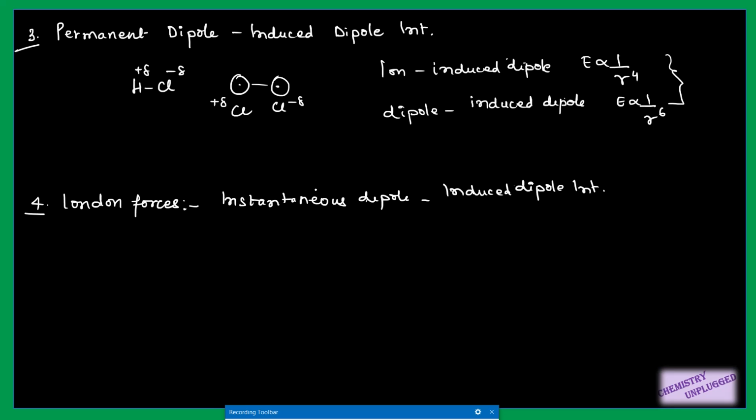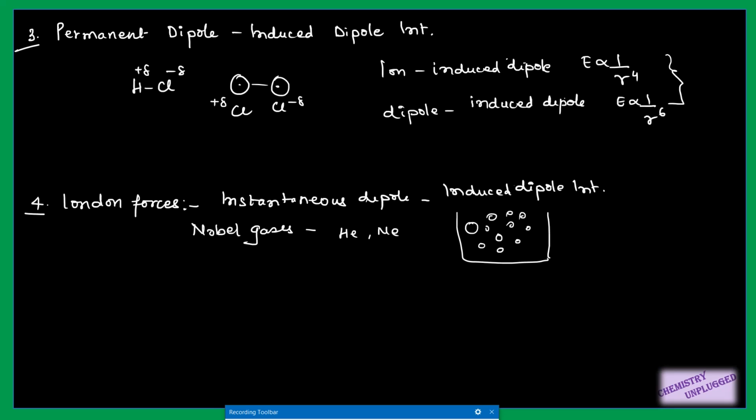And it develops dipolic characteristic instantaneously, then it will induce dipolic character in the other molecule also. The main example of such interaction is observed in noble gases like helium, neon. When these atoms of gases are in a container, suppose, they should repel each other.